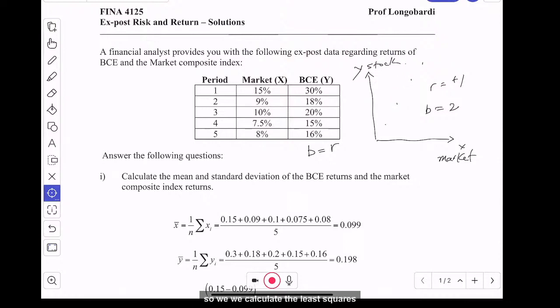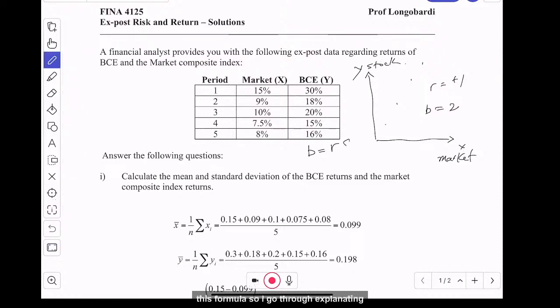So we calculate the least squares minimum. So we minimize the sum of the squared residuals.